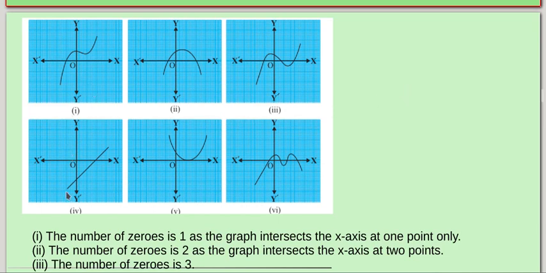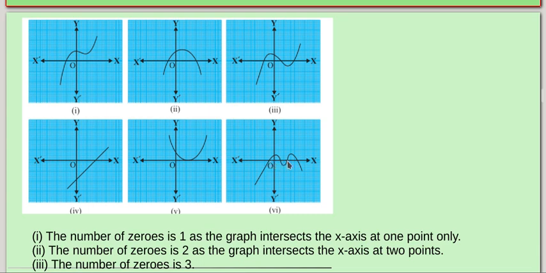If it is a straight line, it meets the x-axis at only one place, so it has only 1 zero. If we look at this graph, it is a parabola, a quadratic equation, and it has only 1 zero.